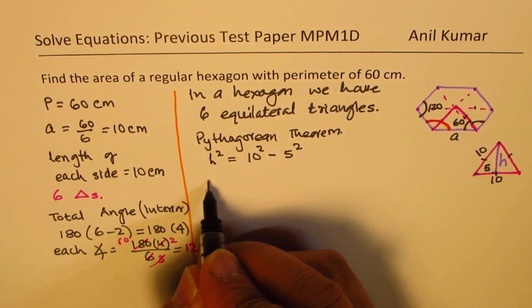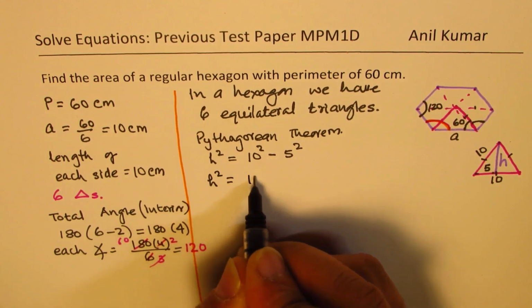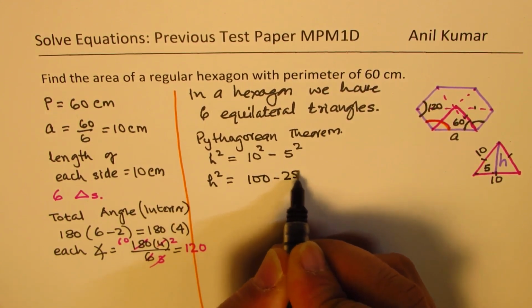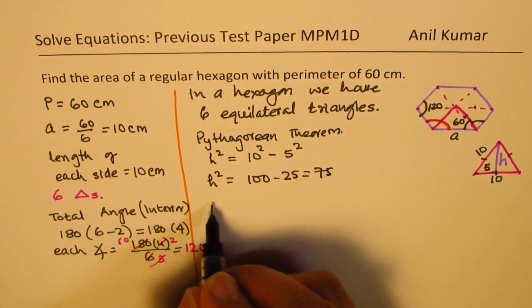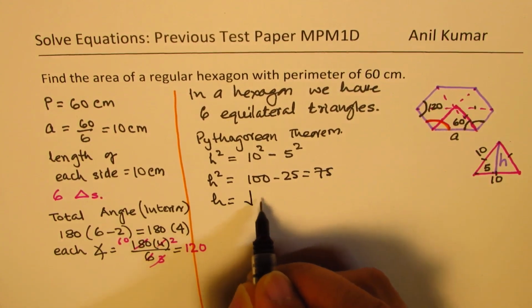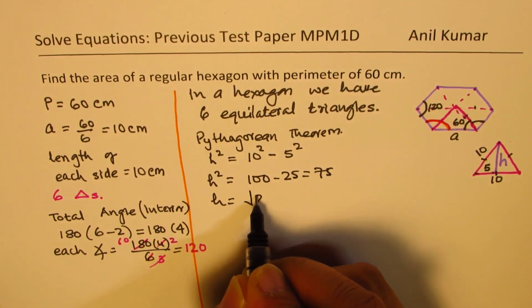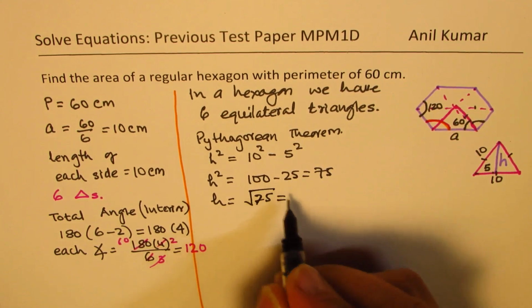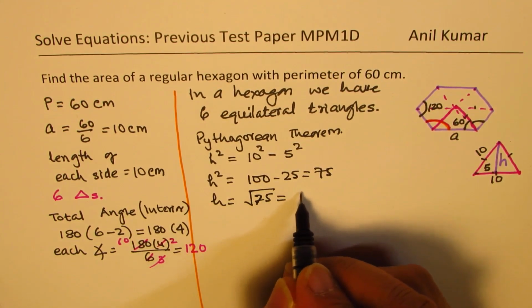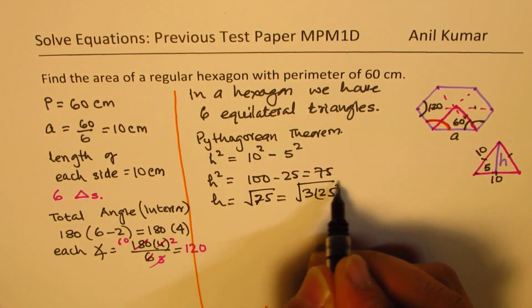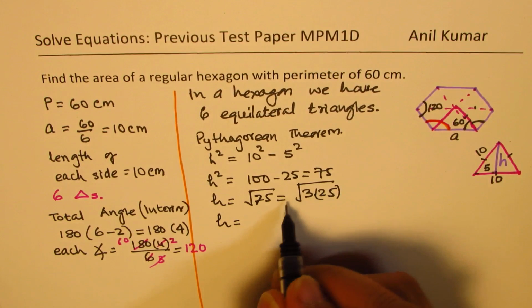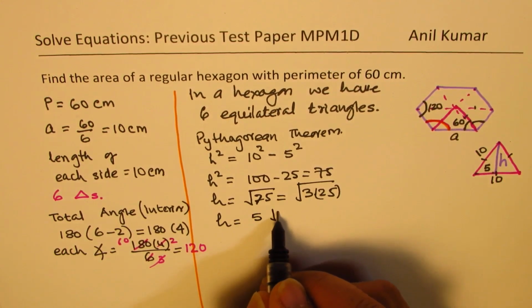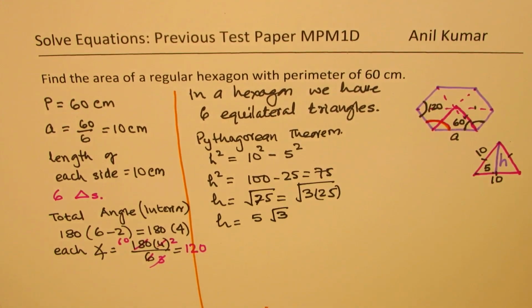We get height squared equals 100 minus 25, which is 75. So height is the square root of 75. 75 is 3 times 25, so the height is 5 square root 3.